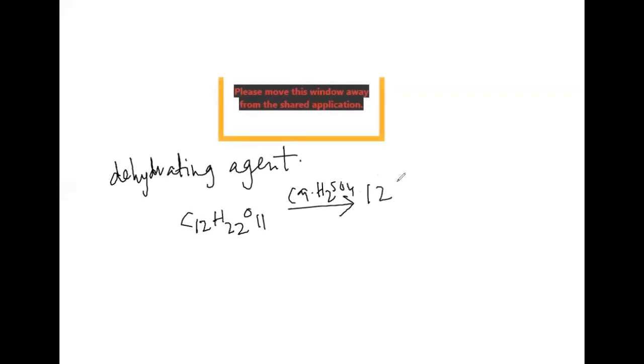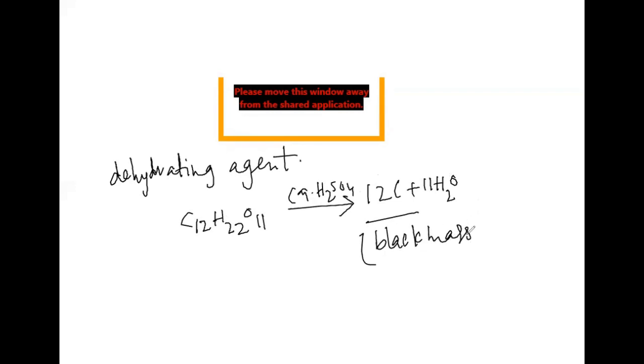It gives 12C plus 11H2O, which is a black mass. It is acting as a dehydrating agent, which removes the water molecules.